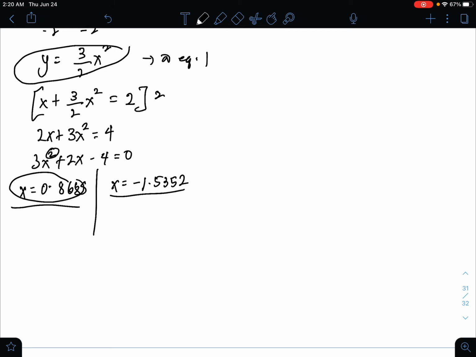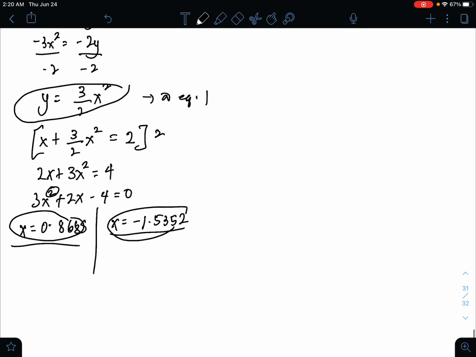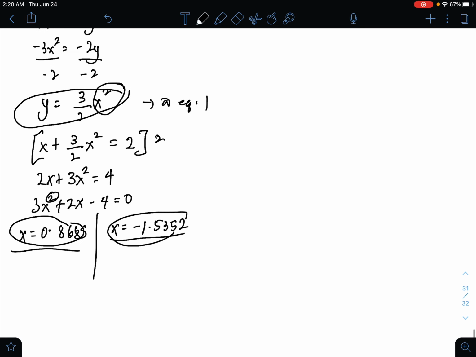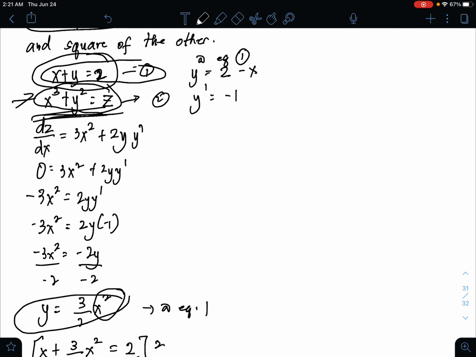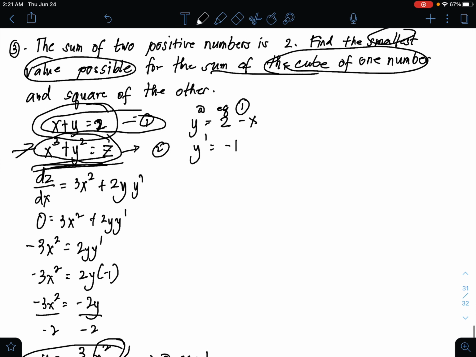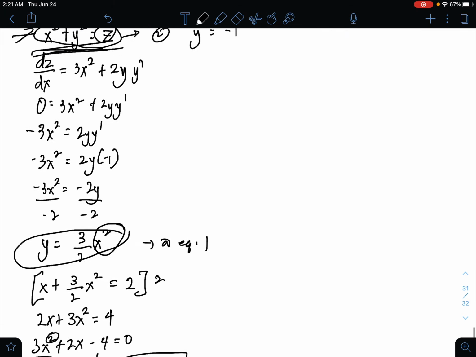So we are going to use this one and this one to substitute into the earlier equation to get the value of y. Once we have the value of x, we find the value of y so we can substitute it into equation 2, because what we are looking for is the smallest value possible for the sum of the cube. So z is what we are looking for.